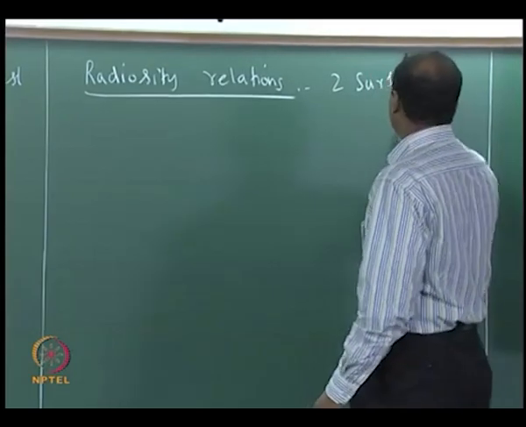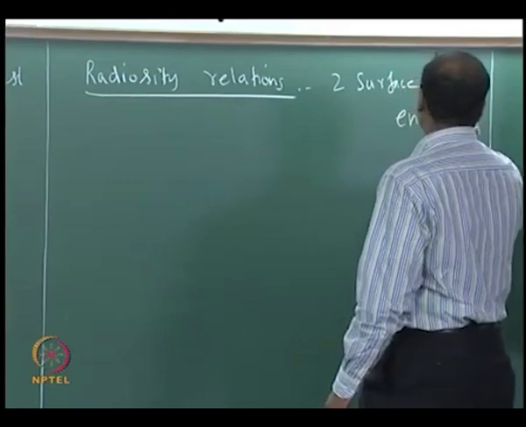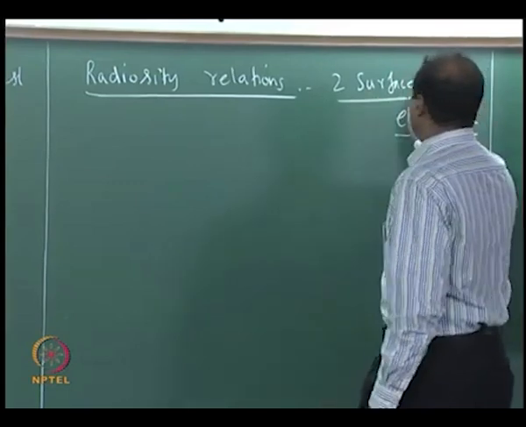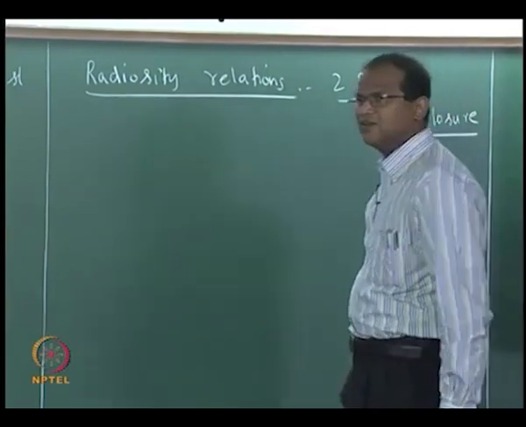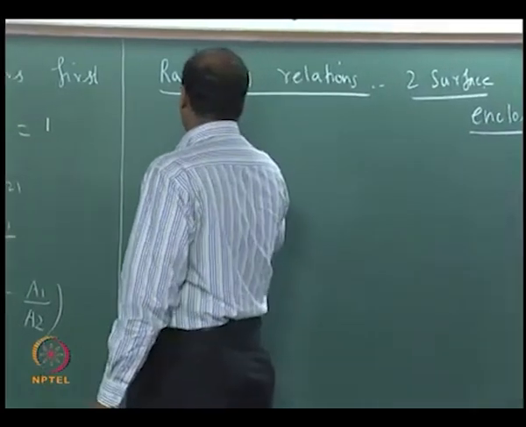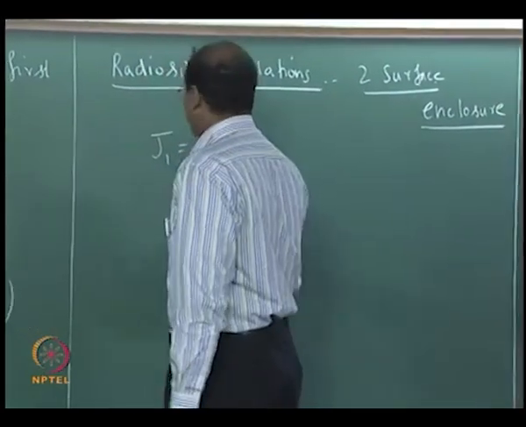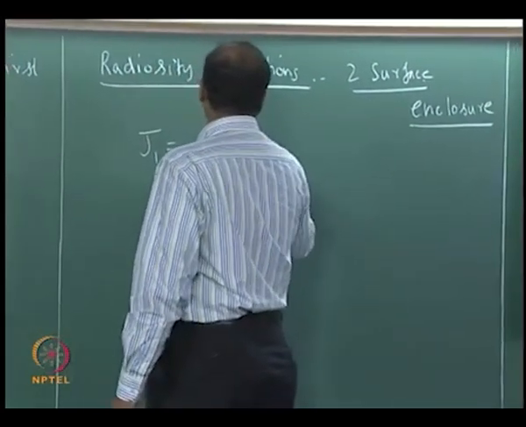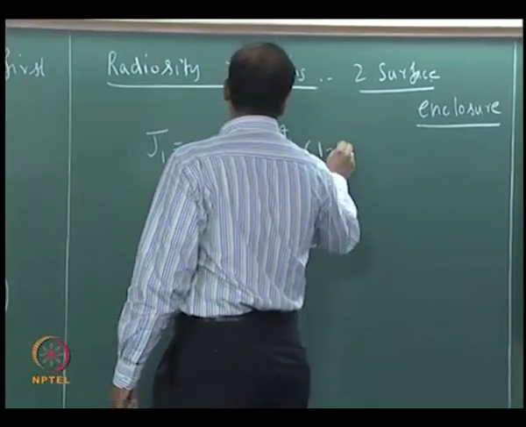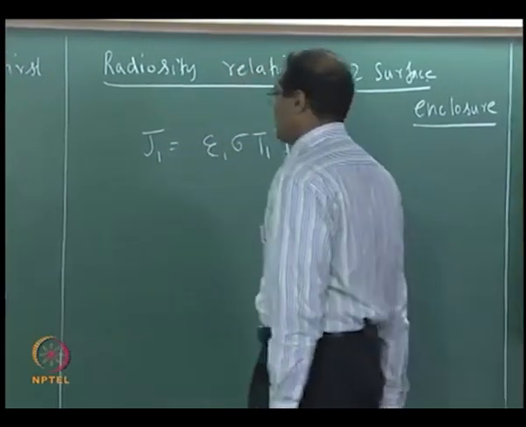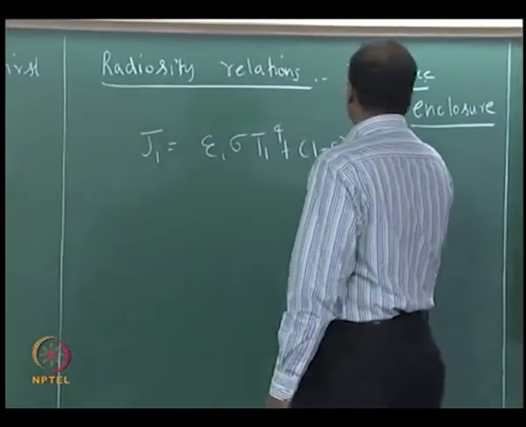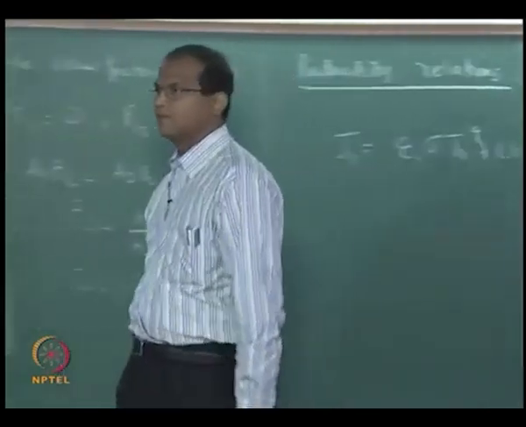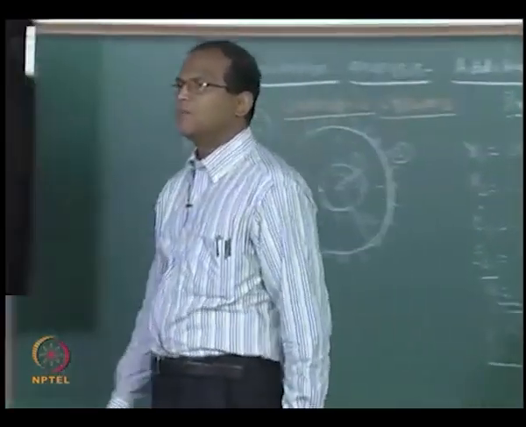So we have to write 2 radiosity equations. You can write down, it is a 2 surface enclosure. So we will get the J1 and J2. I am already incorporating the view factors, okay.